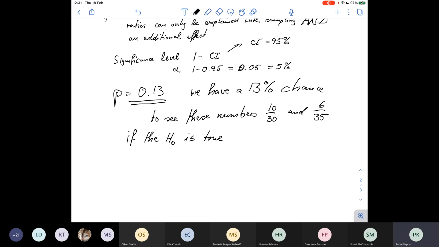So we have a 13% chance to find these numbers if we say, well, there is no other effect.